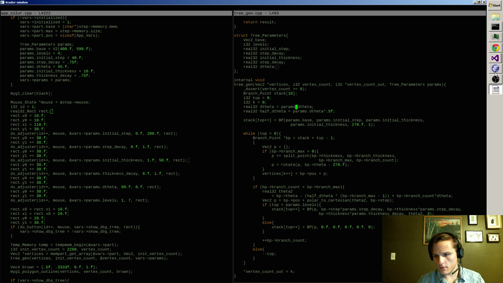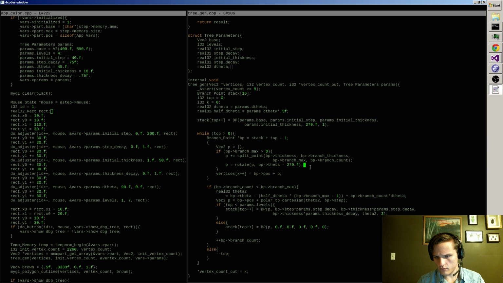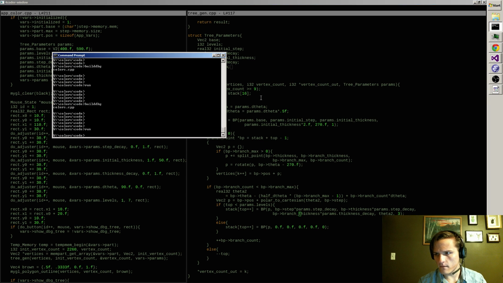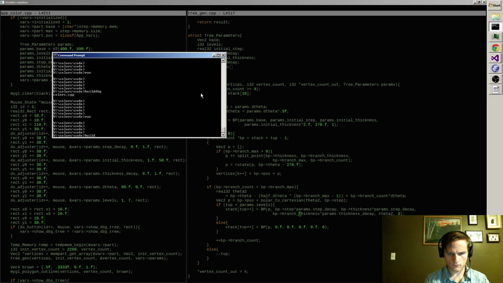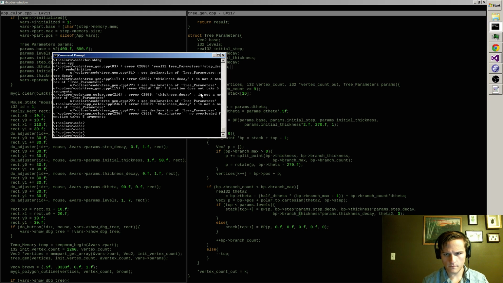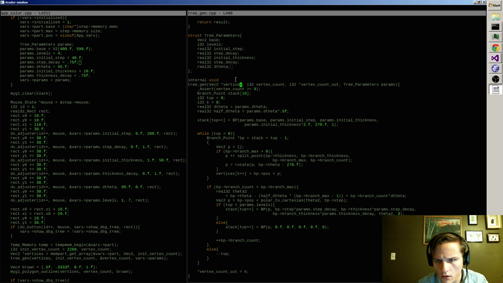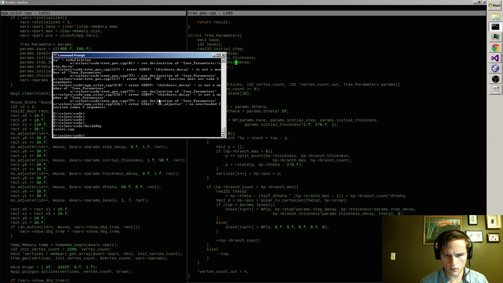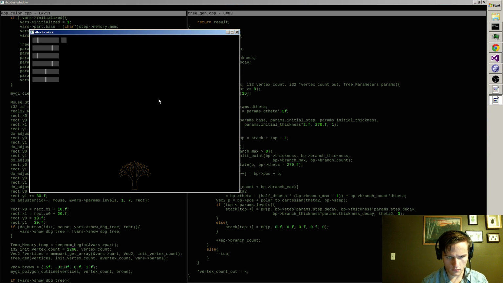That's just straight up not going to work. Here's what I actually need to do. There we go. Redefinition. Sorry. Thickness. Okay.